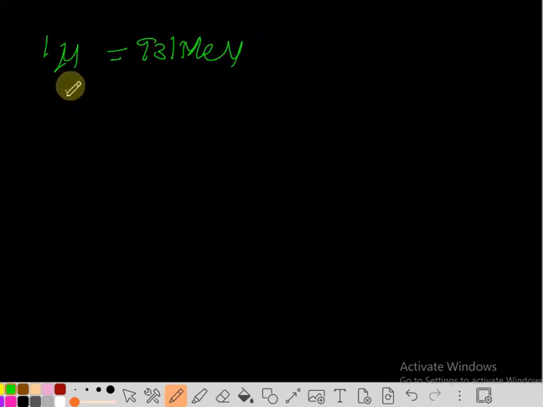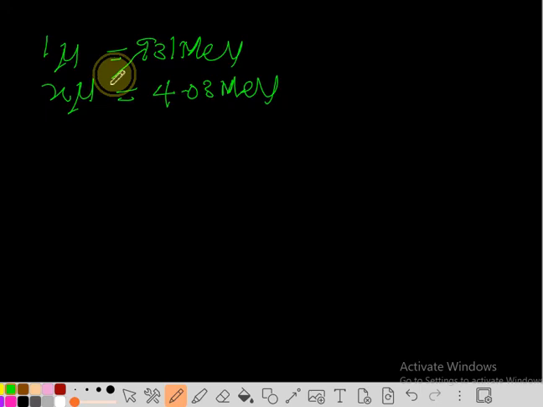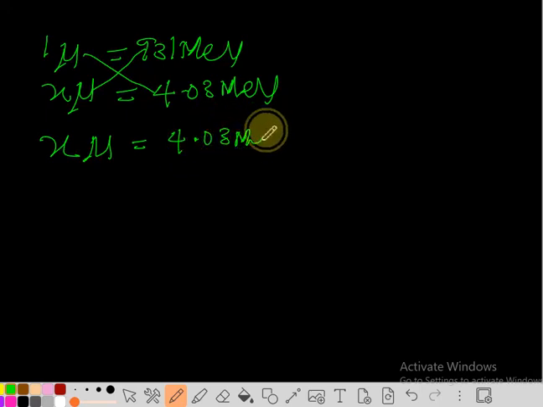Then we have 4.03 mega electron volts for Q. That means X unified atomic mass unit for that Q is equal to 4.03 mega electron volts. If we cross multiply, the unknown X, that is the unified atomic mass unit, will be 4.03 mega electron volts over 931 mega electron volts.